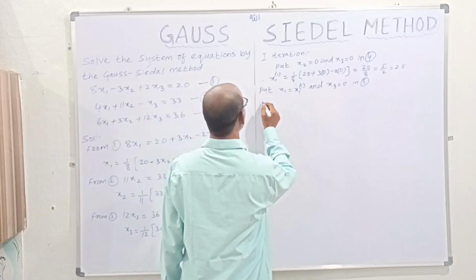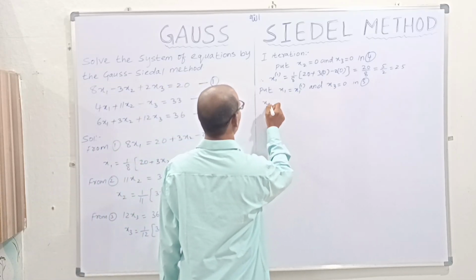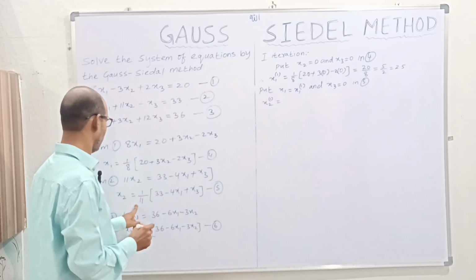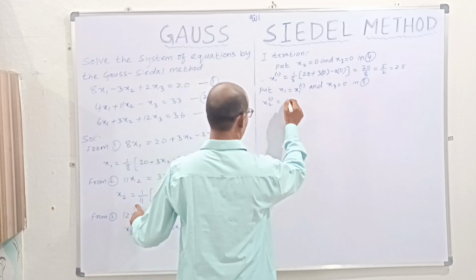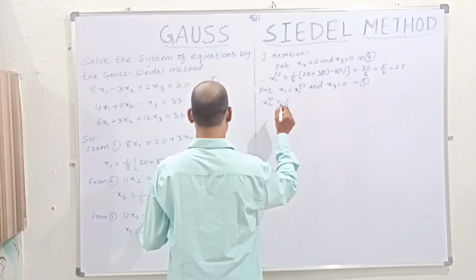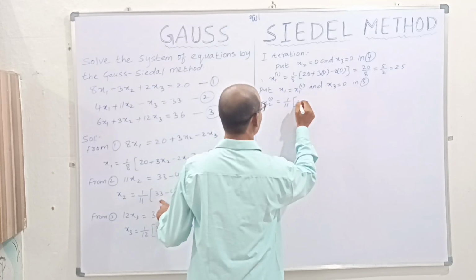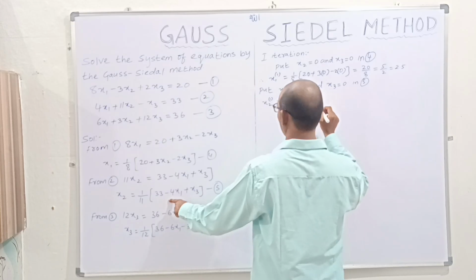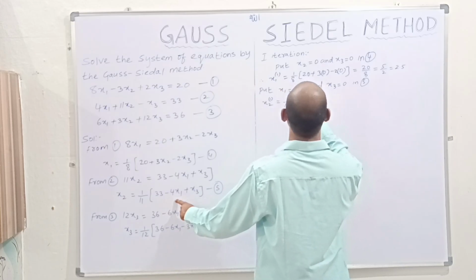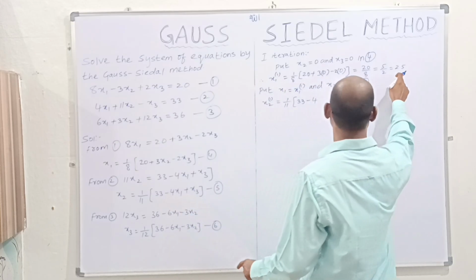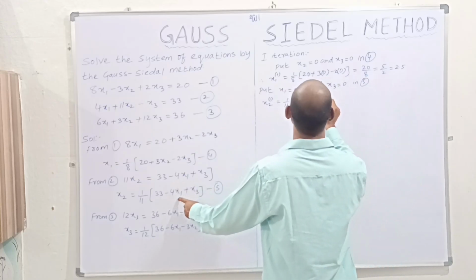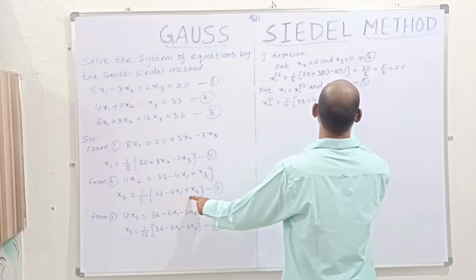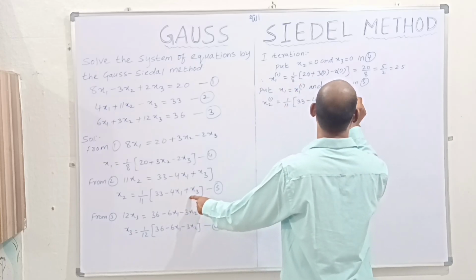So therefore, x2 from the first iteration is equal to 1 by 11 into (33 minus 4 into x1, instead of x1 we put the new value 2.5, so 4 into 2.5, plus 0).